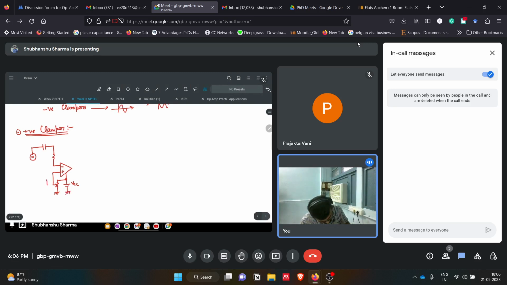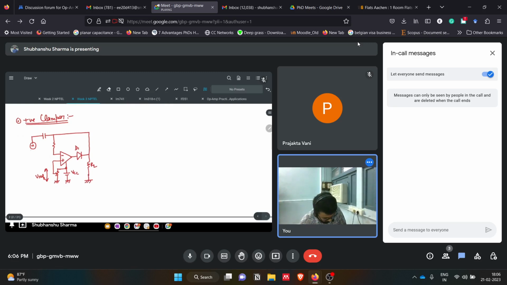This is the V reference, and we have a diode here, D1. This is the feedback, and this is the load resistance RL. This is Vs, this is C, and this is one resistor R.